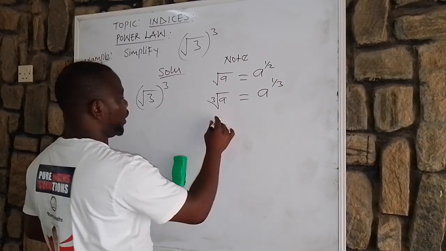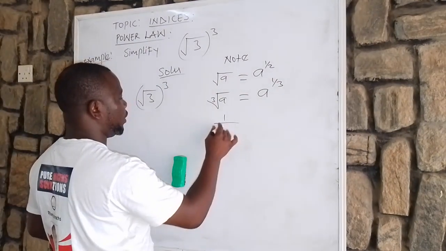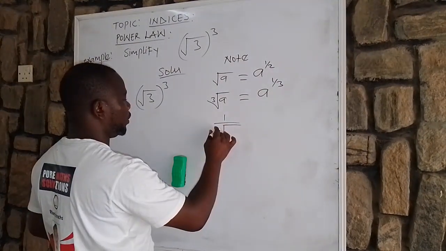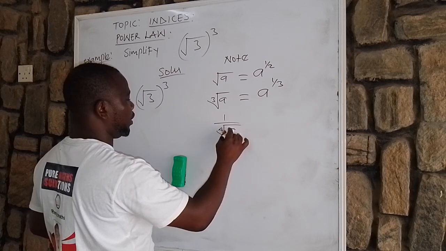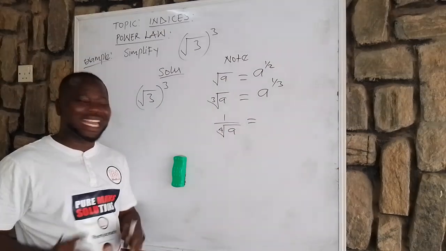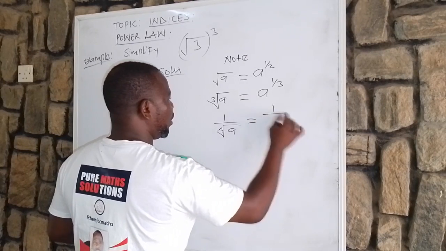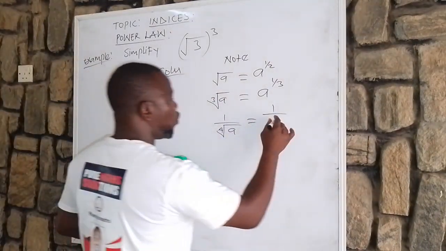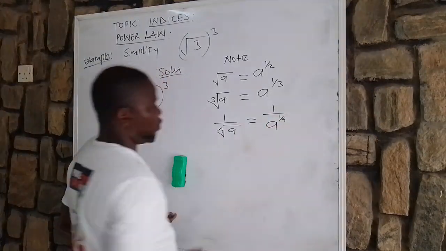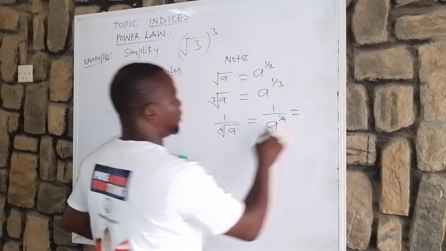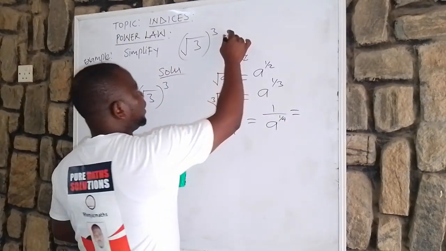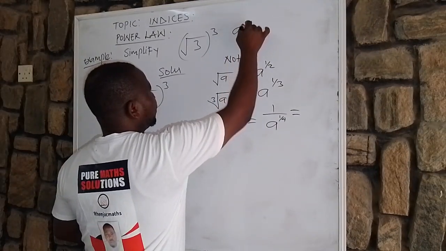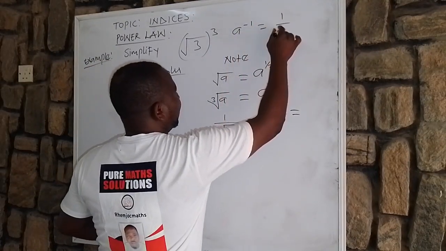Then what if we have 1 all over the fourth root of a? This is the same thing as 1 all over a raised to the power of 1 all over 4. Then I told you that if we have a raised to minus 1, this is the same thing as 1 all over a.